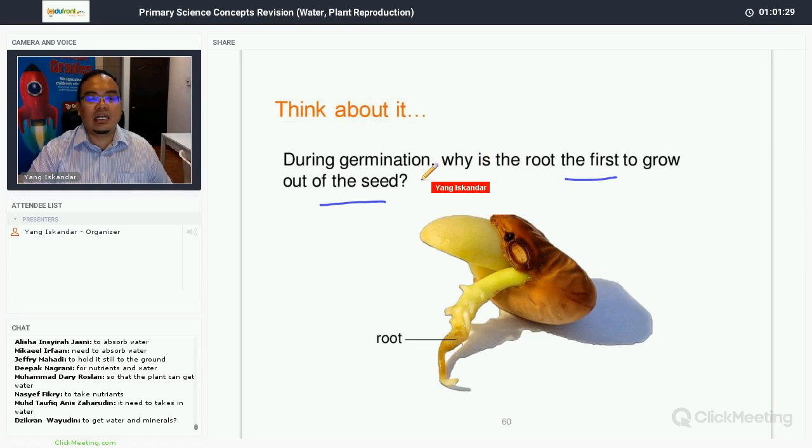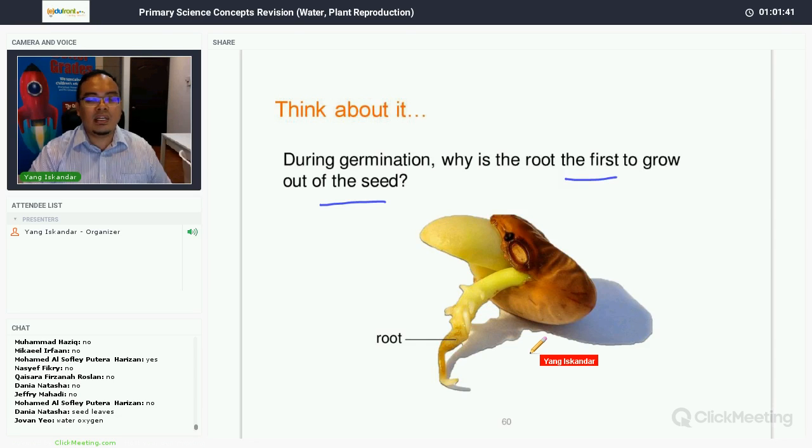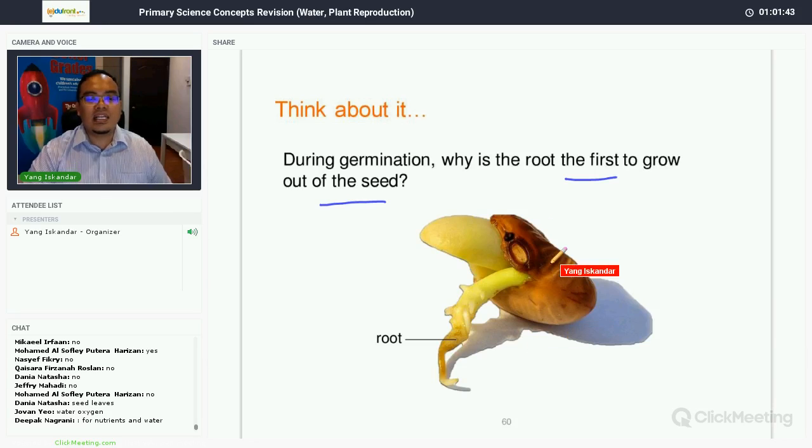Now, do you need sunlight for germination? Somebody was telling about sunlight. No. Light is not required for germination. Take note, very important, because the seed contains seed leaf.